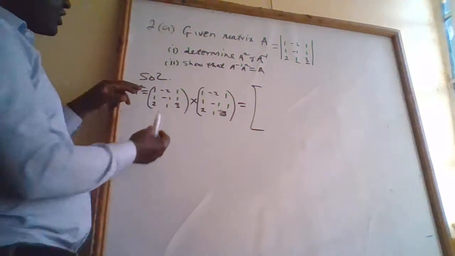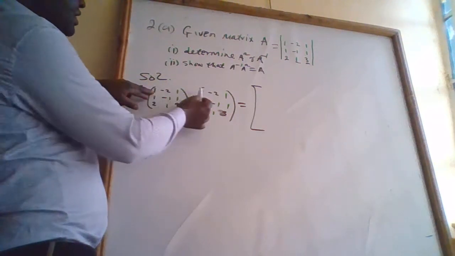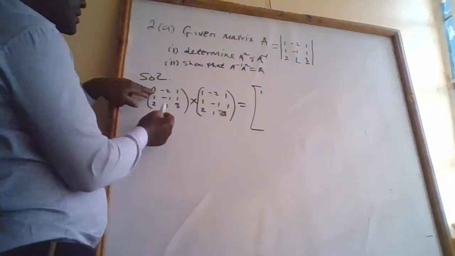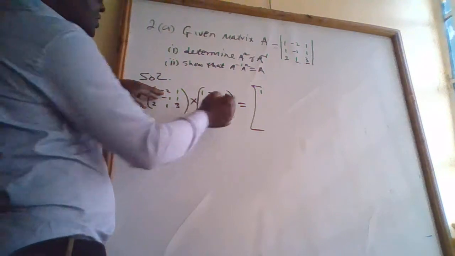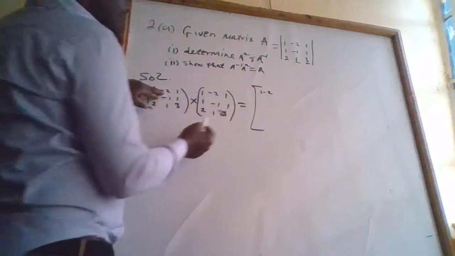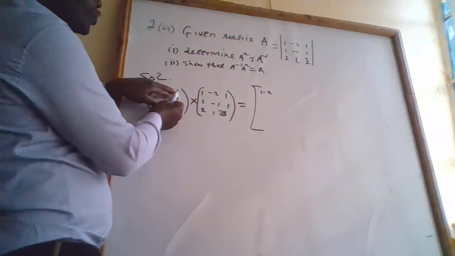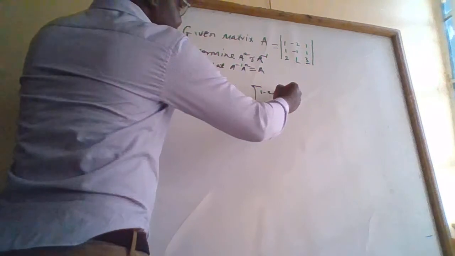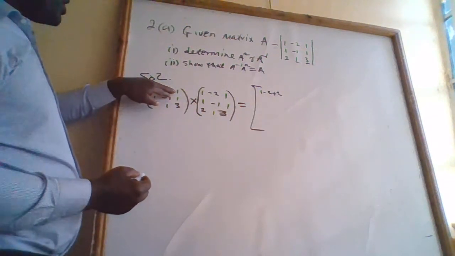Row and column. For example, here we shall take 1 times 1, we get 1, plus negative 2 times 1, so we shall have minus 2, and then of course we have 2 times 1, plus 2. We are through with that.